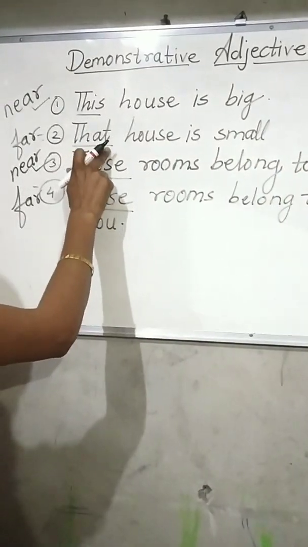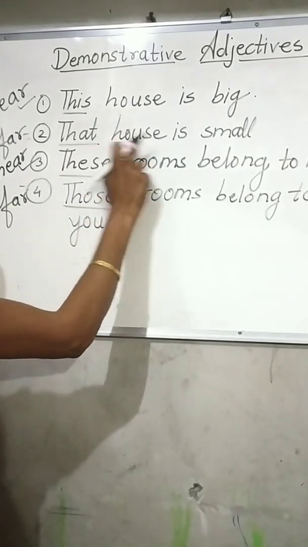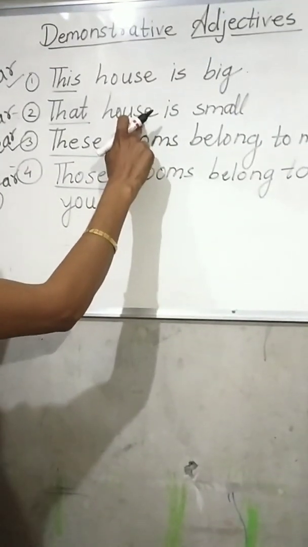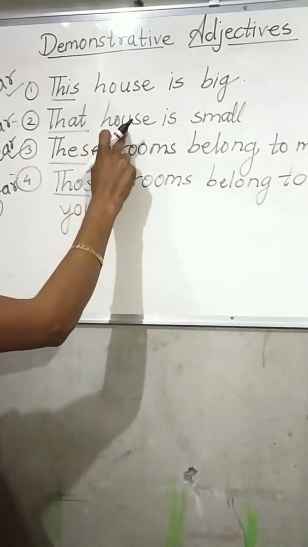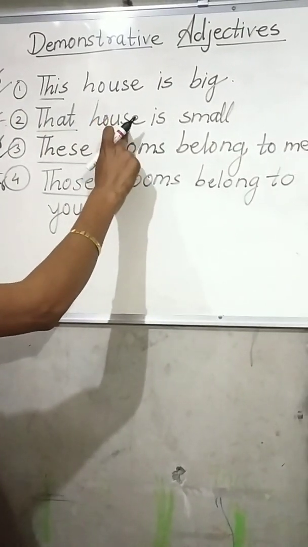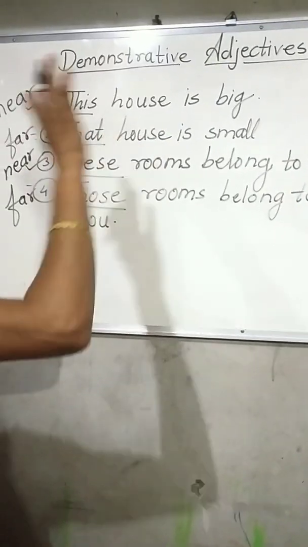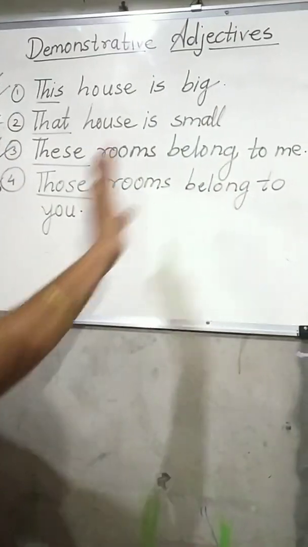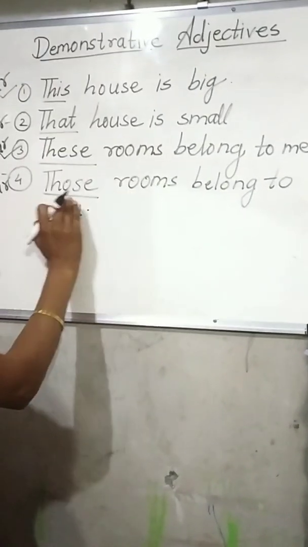That is the singular adjective. House is the singular noun. So this demonstrative adjective you can use before the singular noun when the noun is away from you or far away from you. And the next one is those.